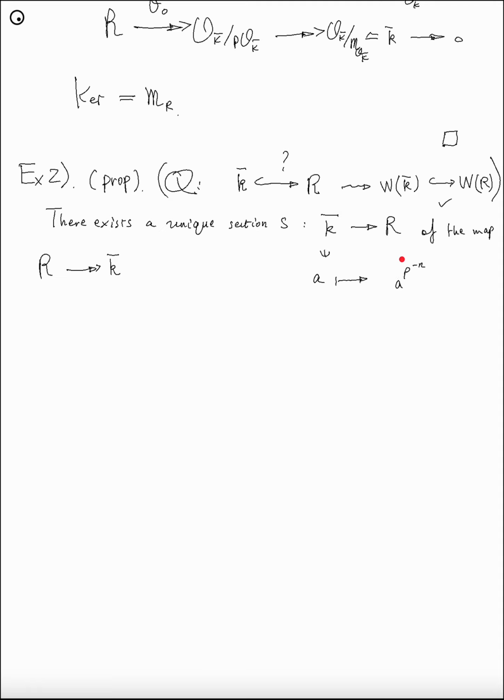And let's take a Teichmüller lift of it. Then it is an element of W of k bar, which is actually the maximal unramified extension, the ring of integers of the maximal unramified extension.